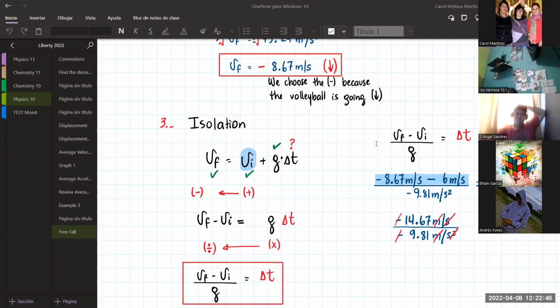1.5. Well, 1.495 is going to give you 1.5. So 1.5 seconds is going to be the time.